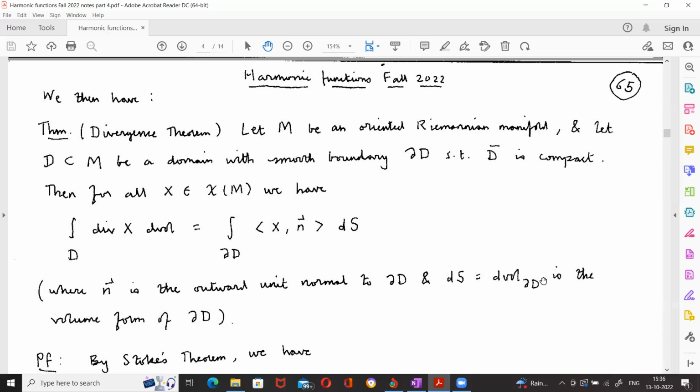Is this all right? Yes. Okay. So geometrically, what is this saying?